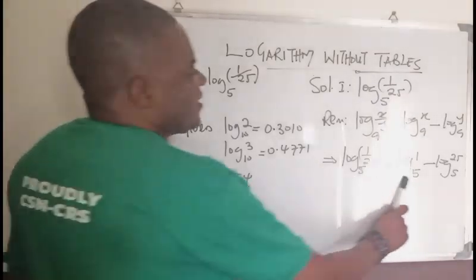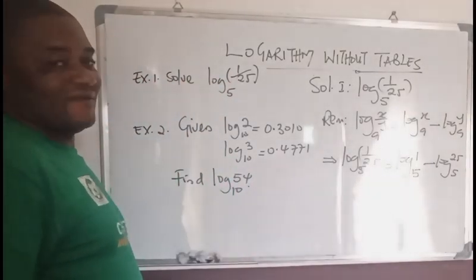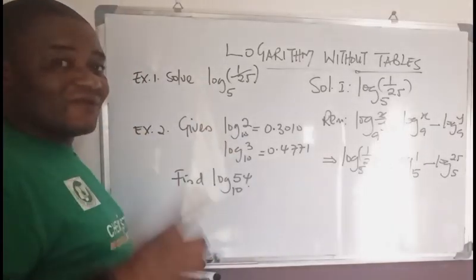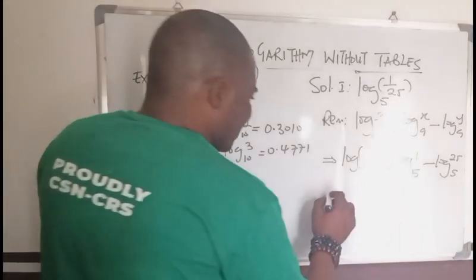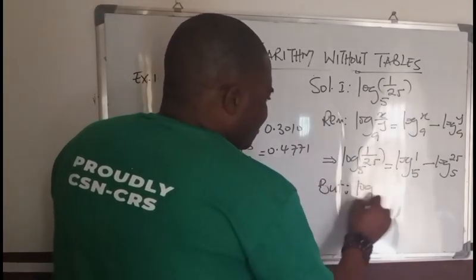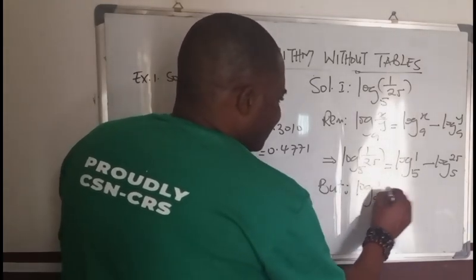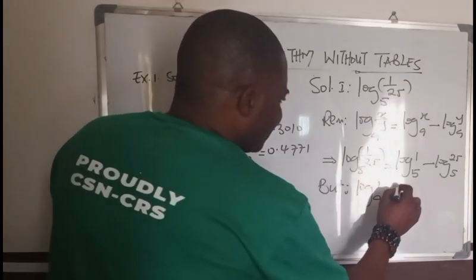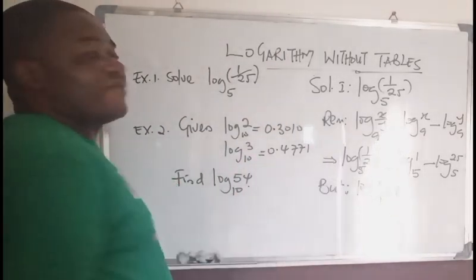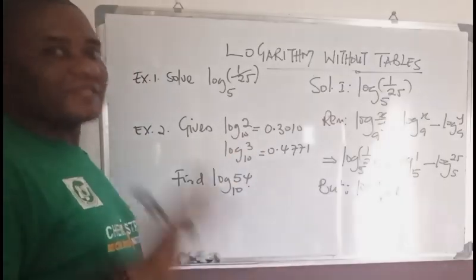Now, when we have this in place, the next thing we are going to do is to understand the fact that there is a law, and that is the fourth law of indices. That law simply says that the log of 1 base a is 0. That is what it says. It says the log of an argument which is 1 to any base at all is equal to 0, and that can be proven.